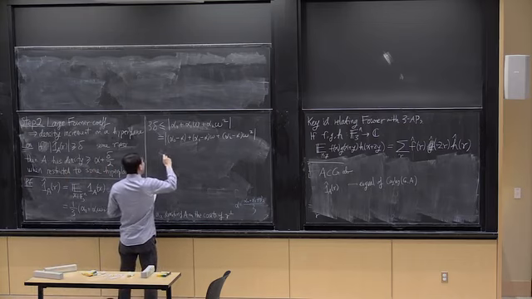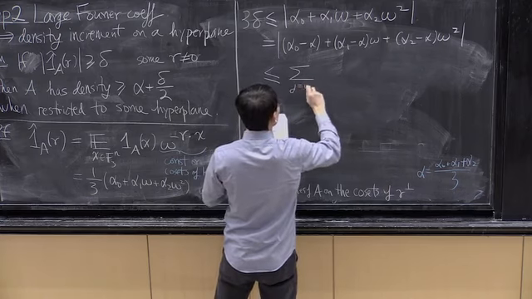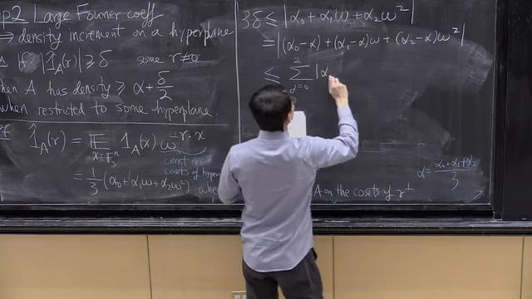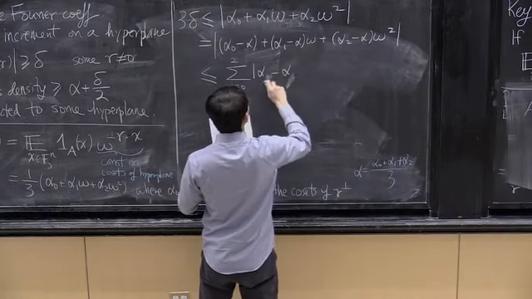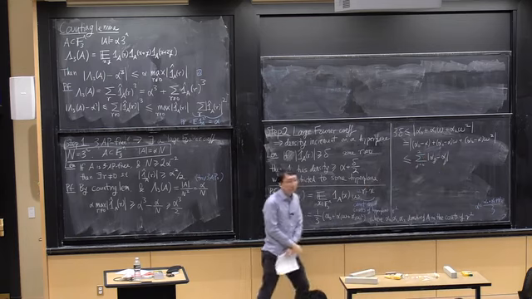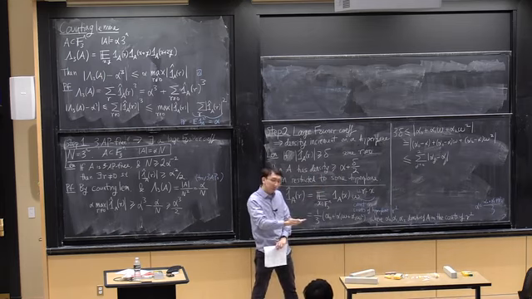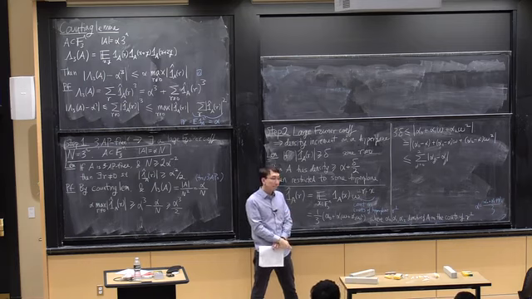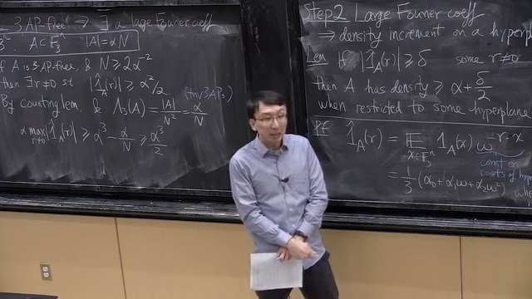And now I apply triangle inequality to extract the terms. So now you should already deduce that one of the alpha i's has to be significantly larger than alpha. It has to be significantly different, but there are only 3 terms. One of them has to be significantly larger.